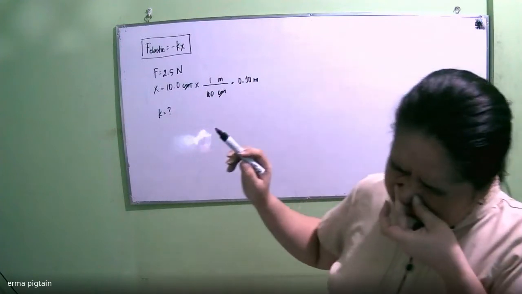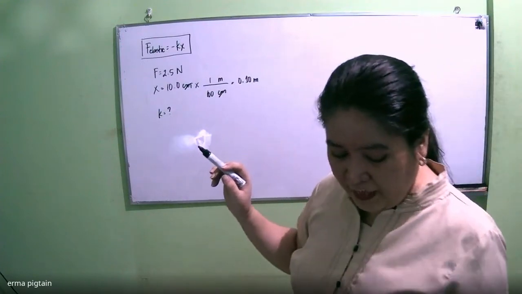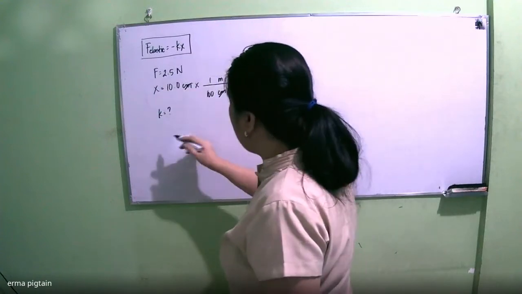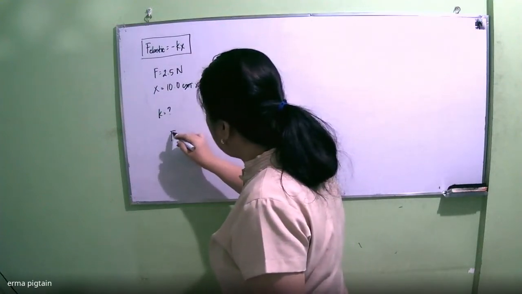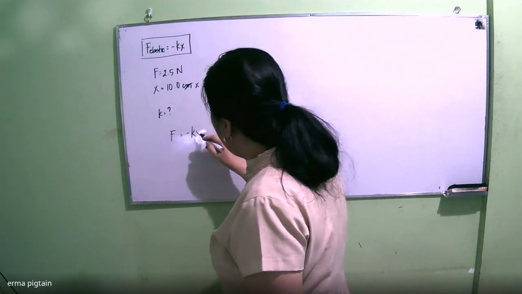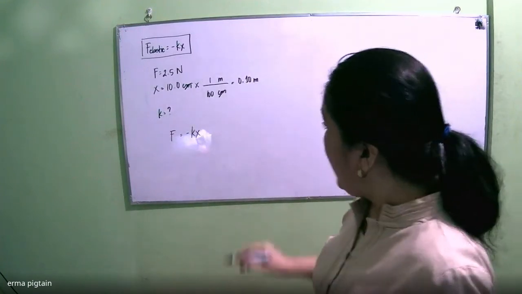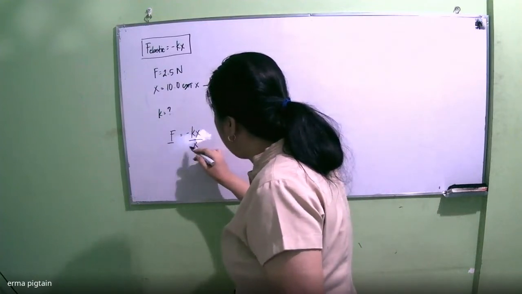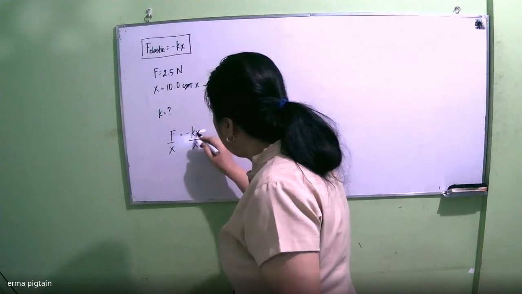Okay, so derive tayo ngayon ng equation natin para makuha natin yung K. Di ba ang equation natin is F equal to negative K of X. So, iwan natin si negative K sa kabila. So, divide both sides by X para ito makancel.